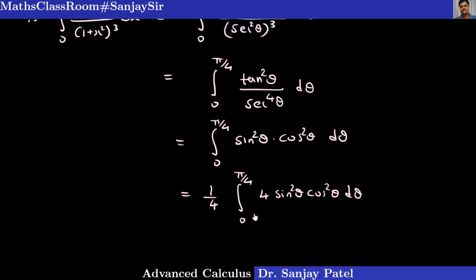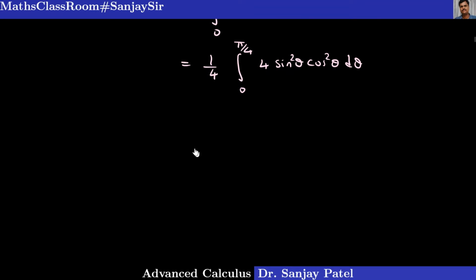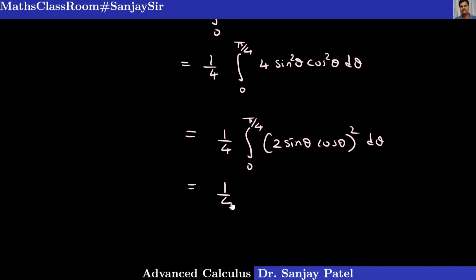And this is nothing but sine 2 theta square, because this 4 sine square theta cos square theta you can write as 2 sine theta cos theta whole square. So this is equal to 1 by 4 times integral 0 to pi by 4 sine square 2 theta d theta.